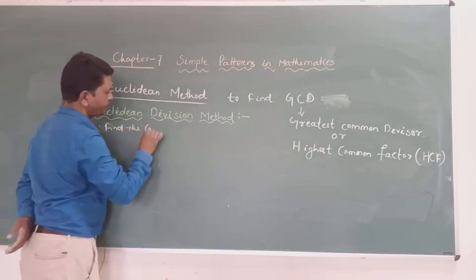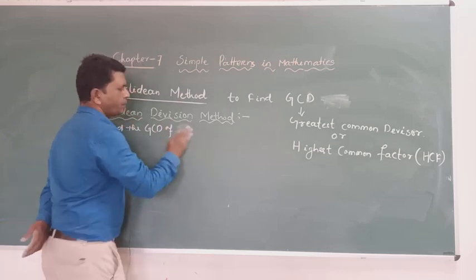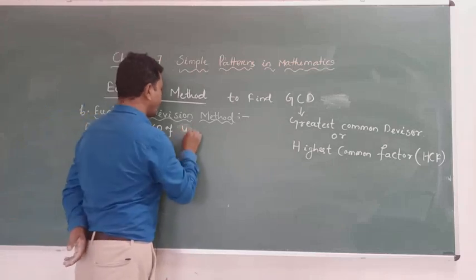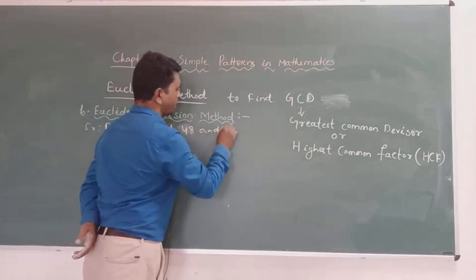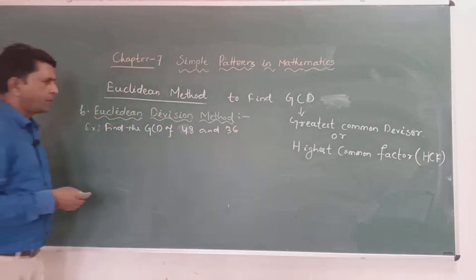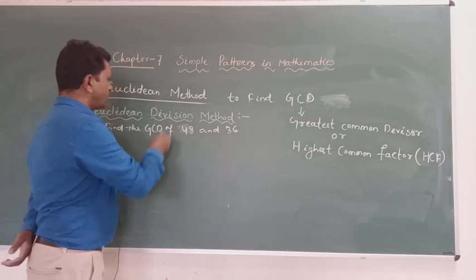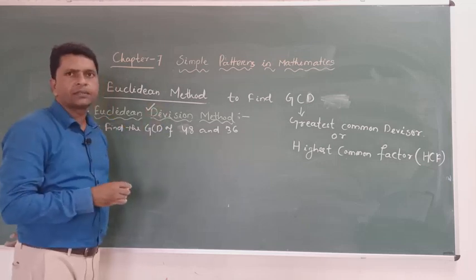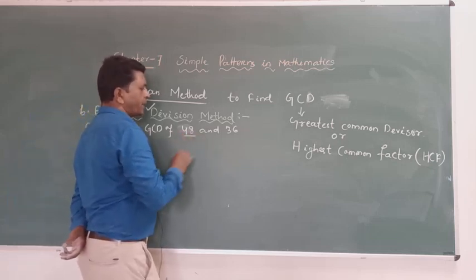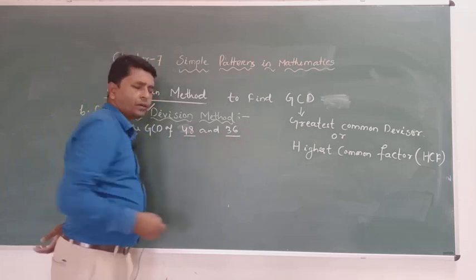Find the GCD of 48 and 36. Before starting, it works like division. We have to divide the greatest number by the smallest number.